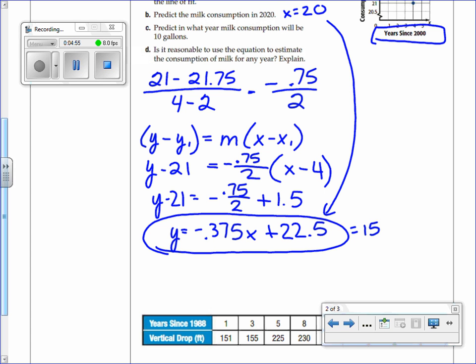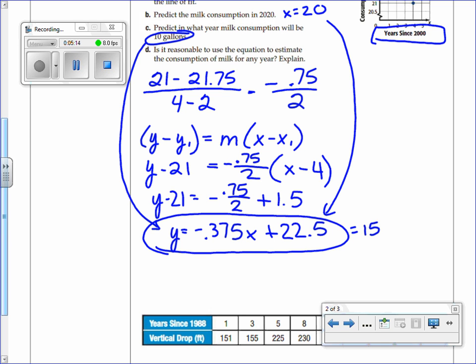Next, it says predict in what year milk consumption will be 10 gallons. So now I have that 10, and 10 is going to be substituted in and become y. Gallons is on my y-axis.